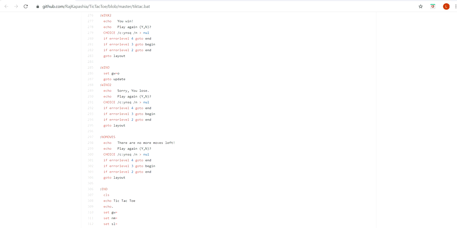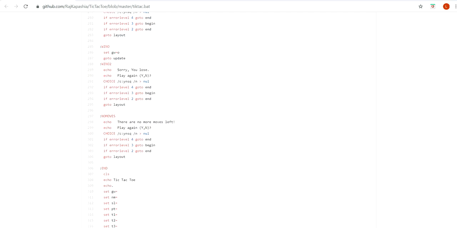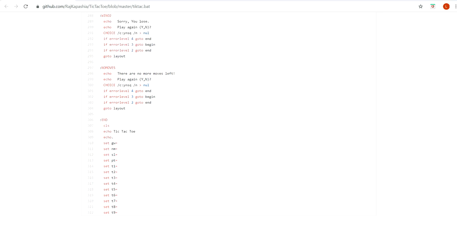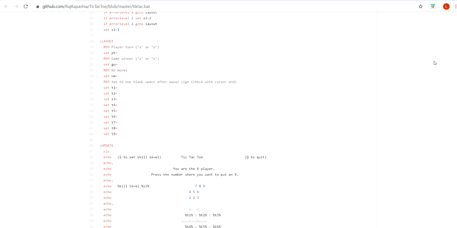No moves means your whole game is completed and you have no moves, so you cannot move. If the user wants to play again and writes Y, it will empty the whole matrix and do it again. It is clearing the screen and emptying that part.